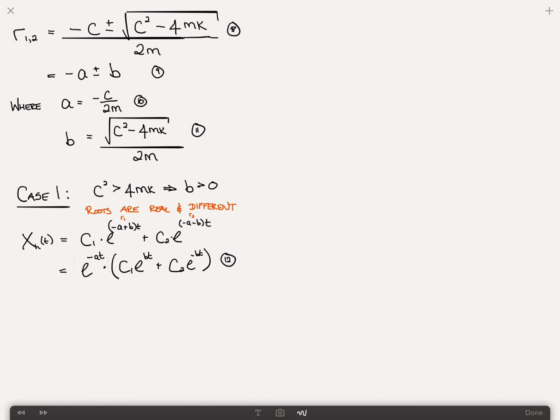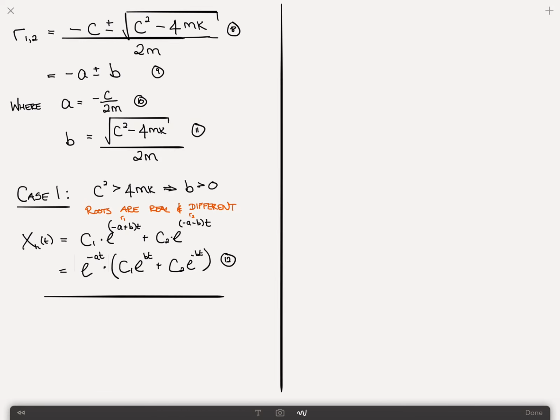So in case 1, you end up with a response that looks like exponential decay. Something like this, if this is t and this is x. Okay? In fact, this doesn't go to 0. This would be 1. All right, I'm going to just take this away to make room. All right, that's case 1.